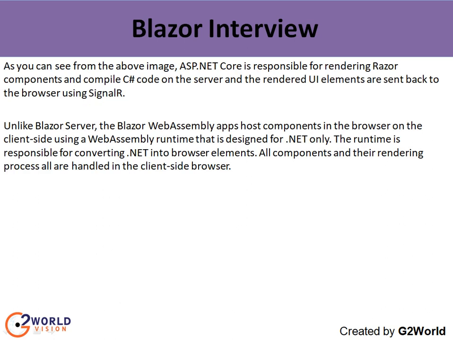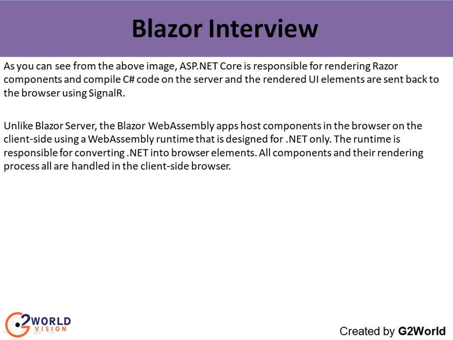As you can see in the image above, ASP.NET Core is responsible for rendering Razor components and compiling C# code on the server, and the rendered UI elements are sent back to the browser by using SignalR.